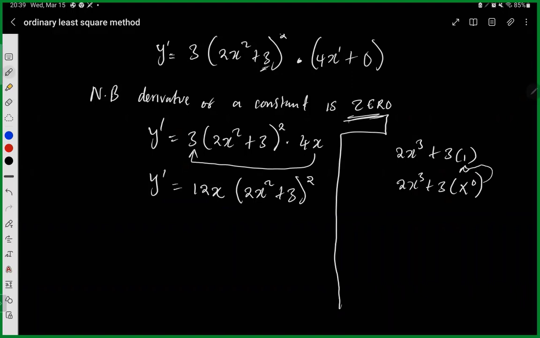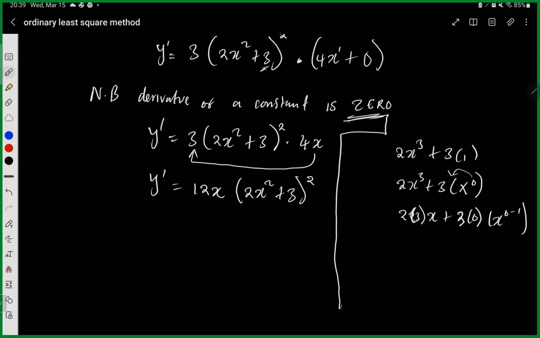So if that is the case, now if we were to differentiate this part here, because this is x to the power 0, remember, when we're differentiating, this comes down. So we have 2 times 3x, plus when we differentiate this here is 3 times 0, and then x to the power 0 minus 1.